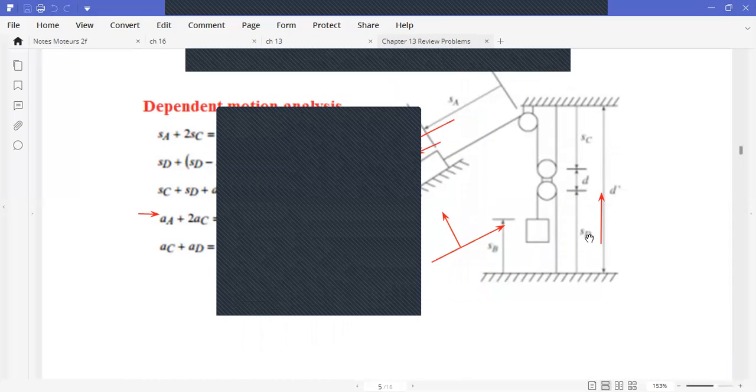So I can say that SC plus SD is a constant. Because the distance from the ceiling to the floor is constant, and this distance is equal to SC plus a constant plus SD. So because it's a constant, SC plus SD is equal to a constant. Okay? Did I answer your question? Okay. Any other question?